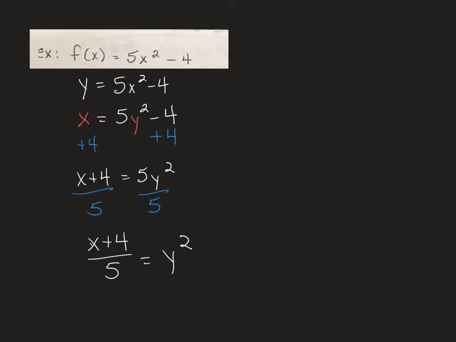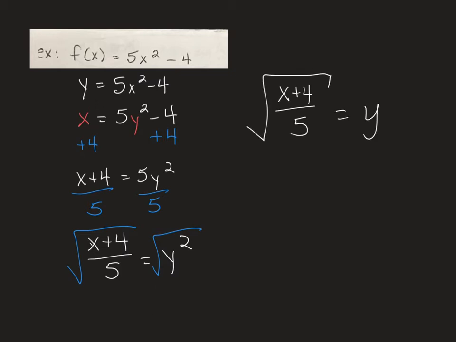Now to solve for y, so y is alone, I'm going to take the square root of both sides. So x plus 4 over 5, the whole big square root of that, is what my inverse would be. So you tell me g of x equals the square root of x plus 4 over 5. All right, so that's how we would find the inverse of that.